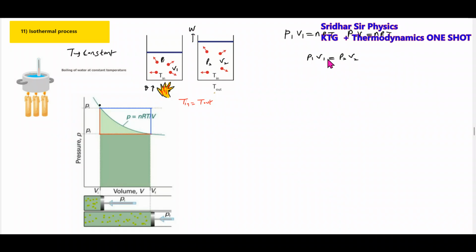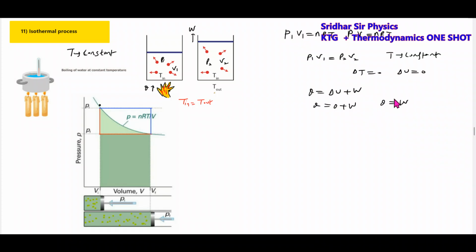Because delta U is 0. Because if T is constant, delta T is 0. If delta T is 0, delta U will be 0. So Q equal to delta U plus W, which is 0 plus W, so Q equal to W. So the isothermal process directly converts heat into mechanical work, or mechanical work into heat.